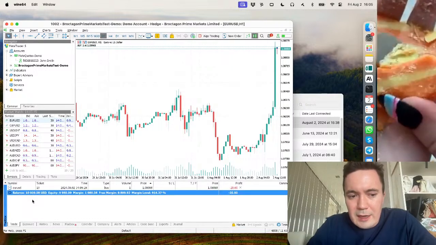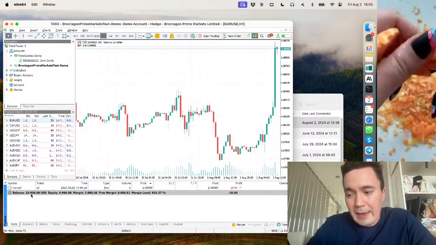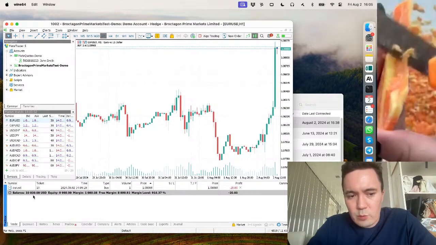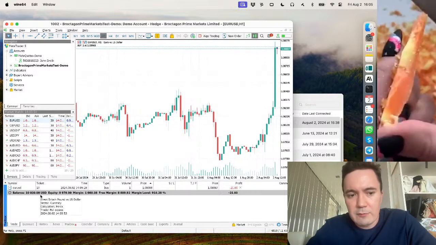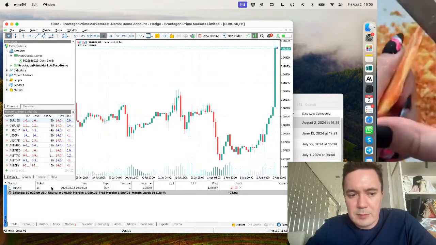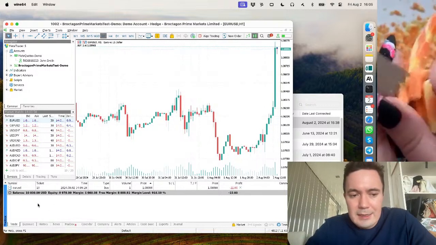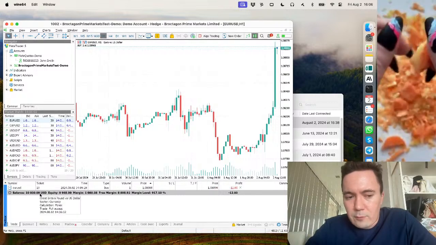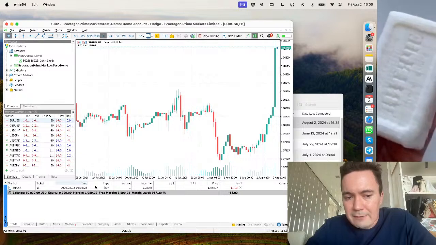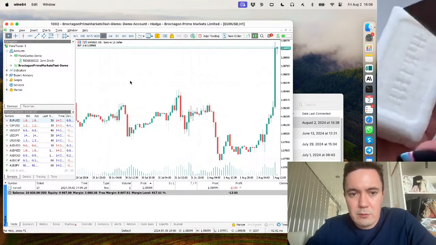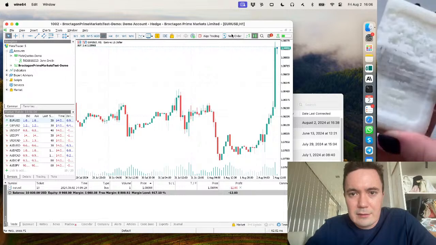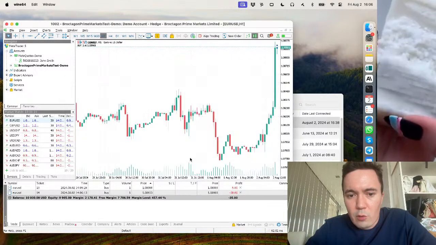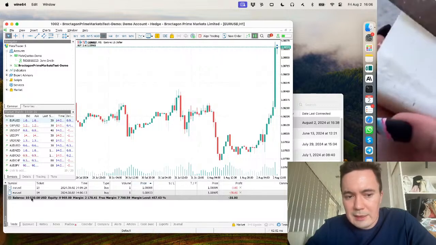Balance shows how much money we would have if we didn't have our open positions. We had exactly 10,000 before we opened the first position, the first and the only one. Or if we had two positions, whatever number of positions we open, the balance stays exactly the same.